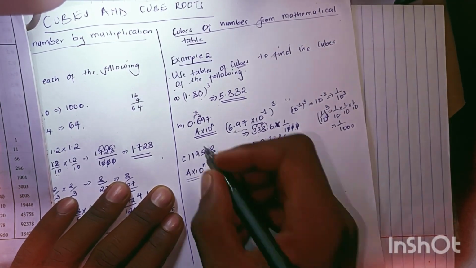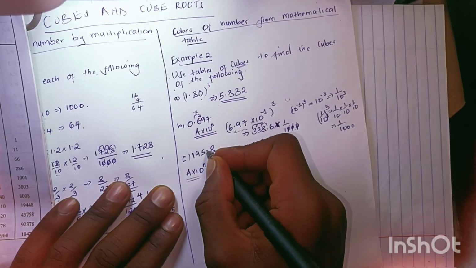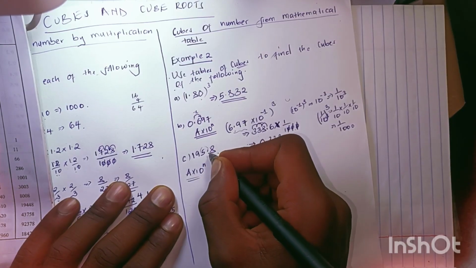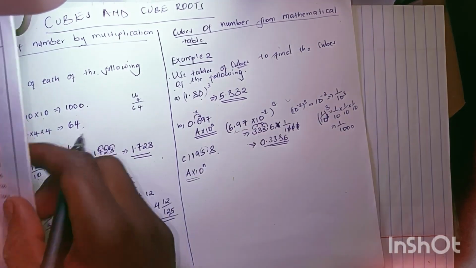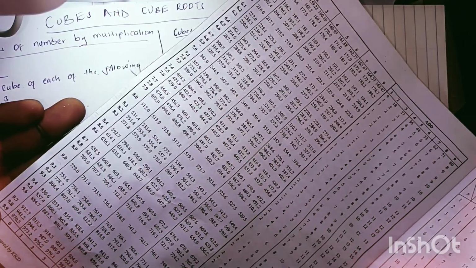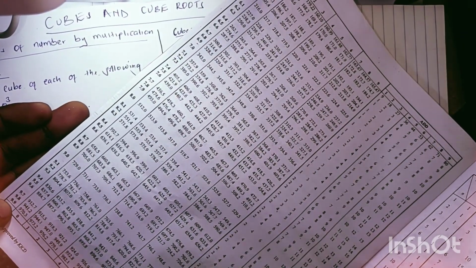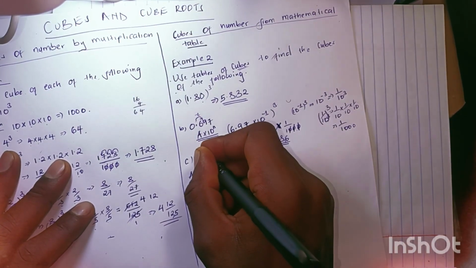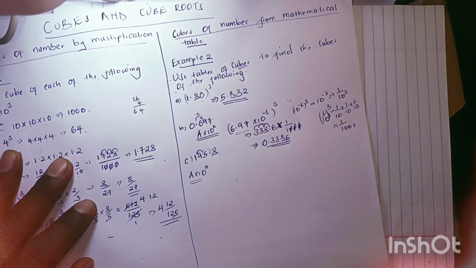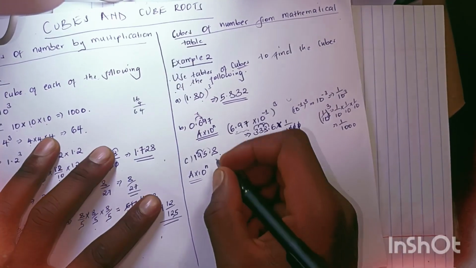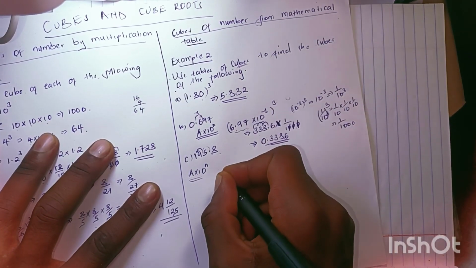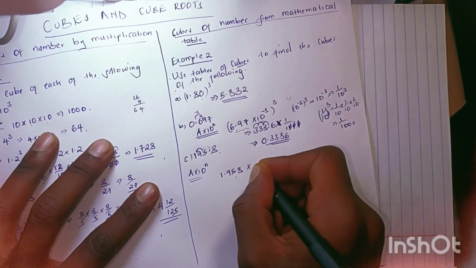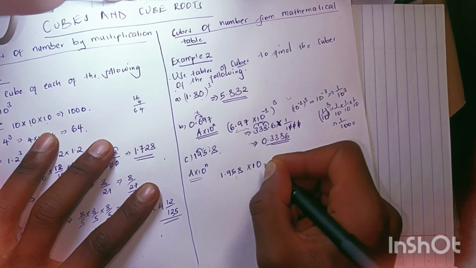So in this case, let me take the decimal. When I move the decimal here, I get 19.58. 19.58 is still a huge number. You cannot read it in this table, since the maximum number is 9.9. I'll have to move the decimal one more step. So my final value in standard form becomes 1.958 times 10 raised to the number of steps that I moved.